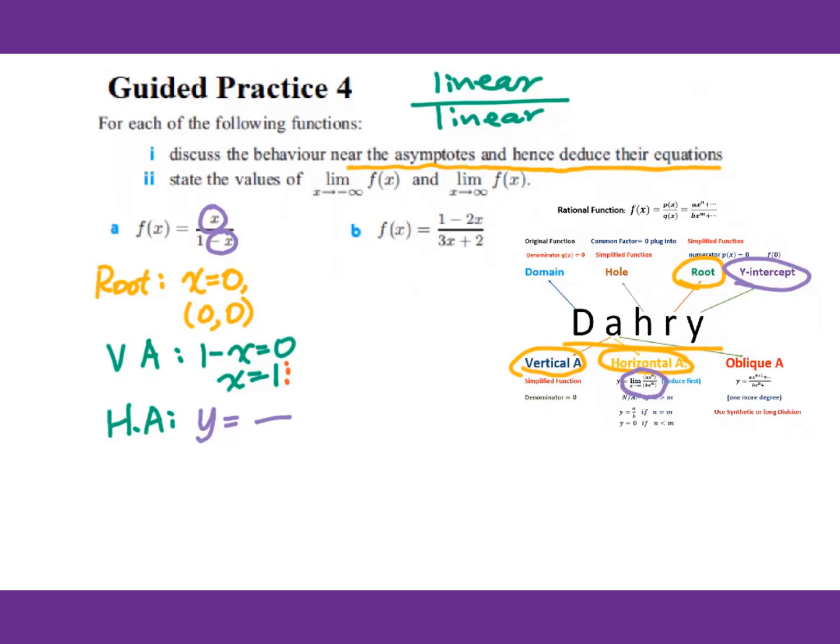We divide x over negative x and you will get negative 1. So y equals negative 1 will be the horizontal asymptote line. For the y-intercept, that is f of 0. We plug in, you will get 0. So 0, 0.